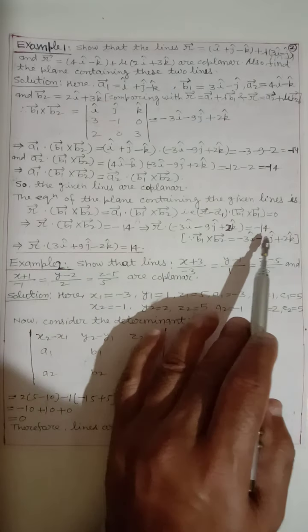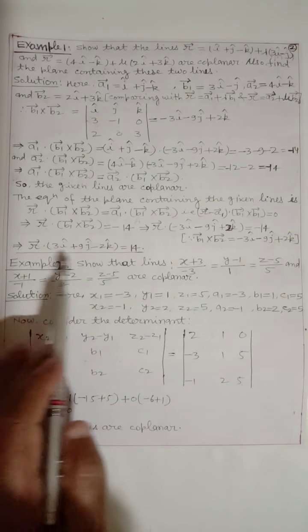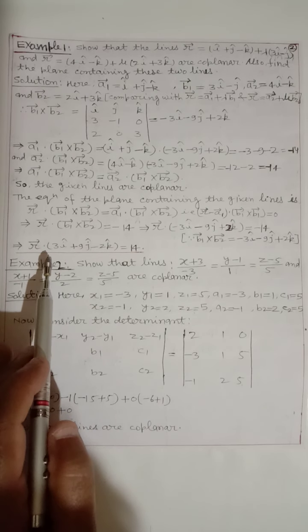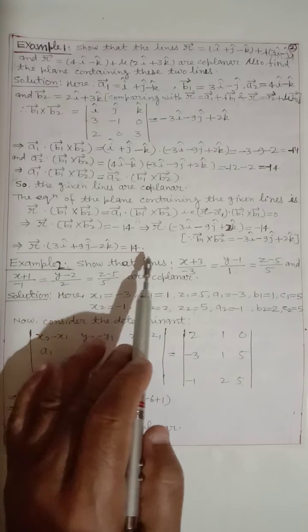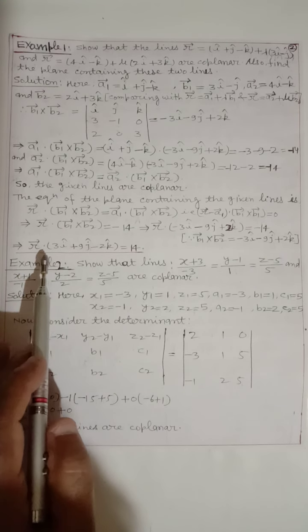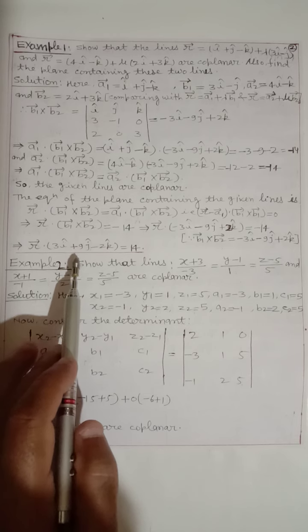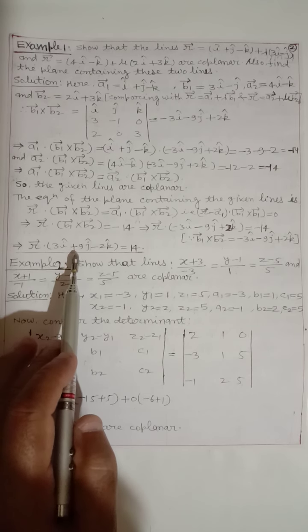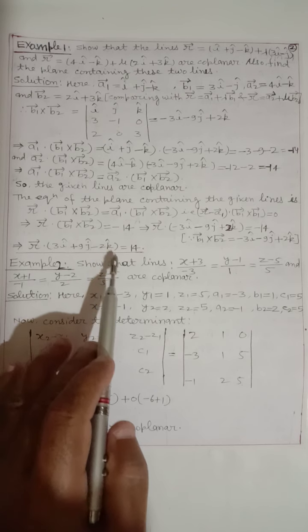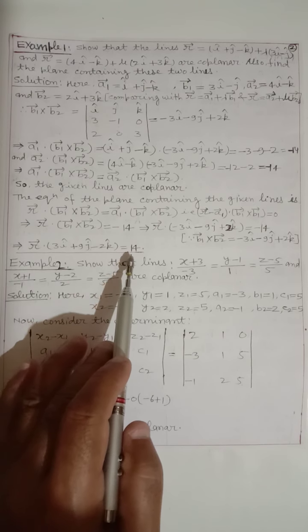Here if we divide by minus 1 on both sides, we get vector r dot 3i cap plus 9j cap minus 2k cap equal to 14.